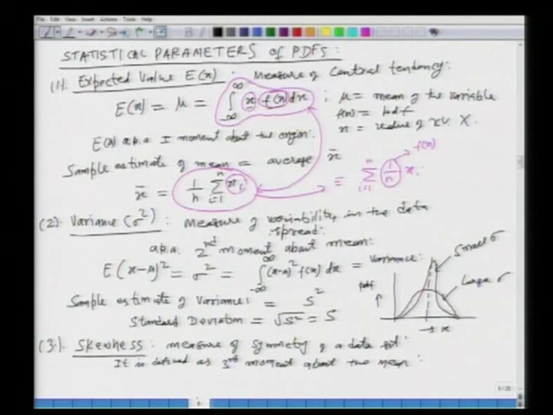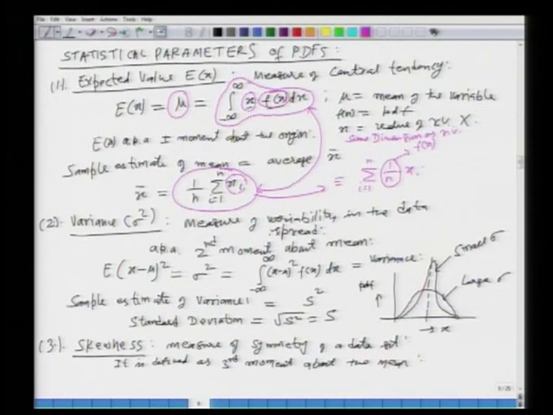Let me go back actually and emphasize what will be the units or dimension of this, the mu or the first moment about the origin. All right. I can say same dimension as your random variable.